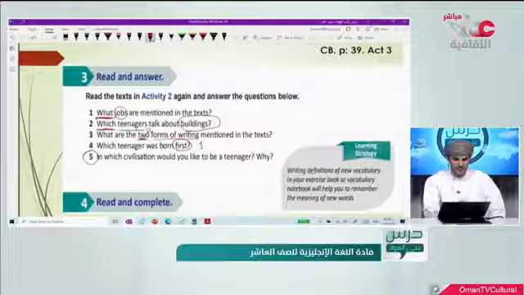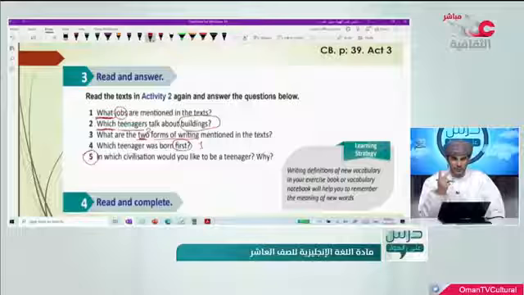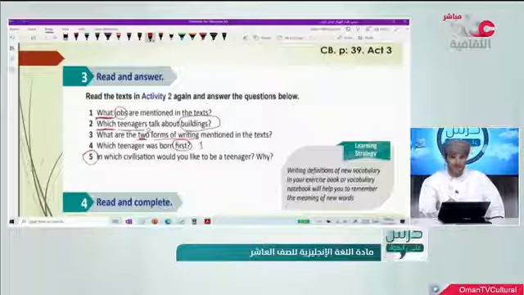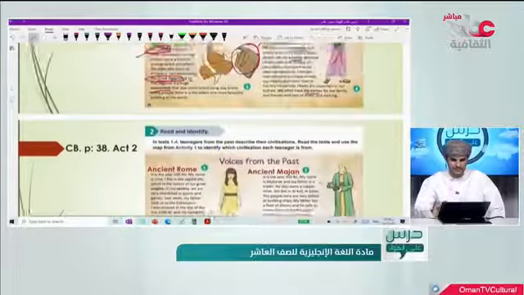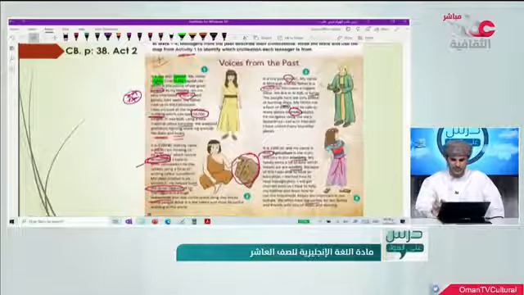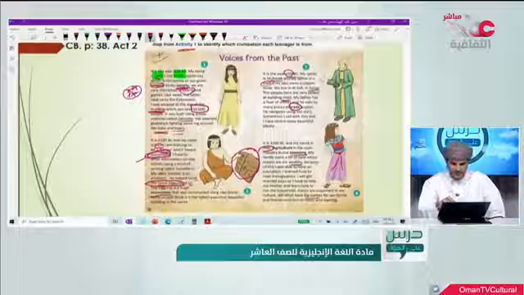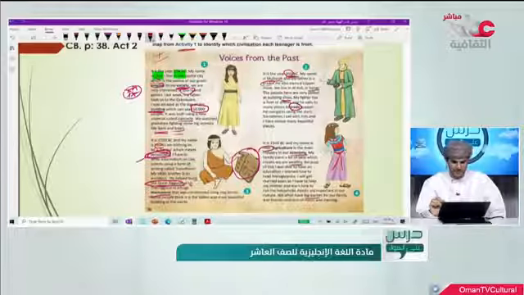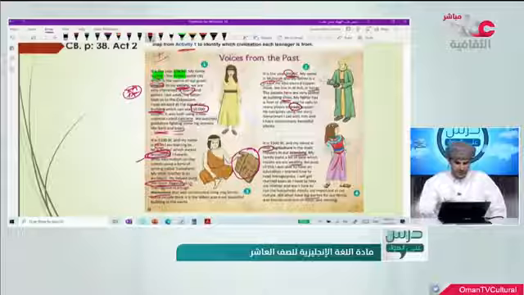Number 3, what are the 2 forms of writing mentioned in the text? 4, which teenager was born first? You have to know the years. BC means before Christ was born. Focus. We need jobs. We need other things.